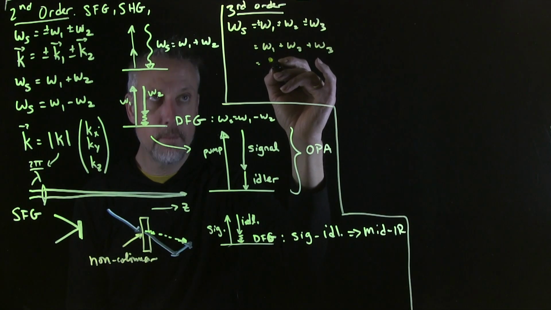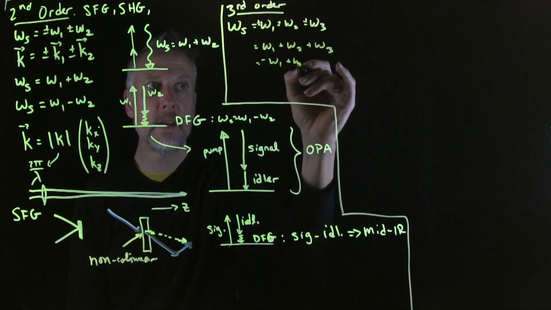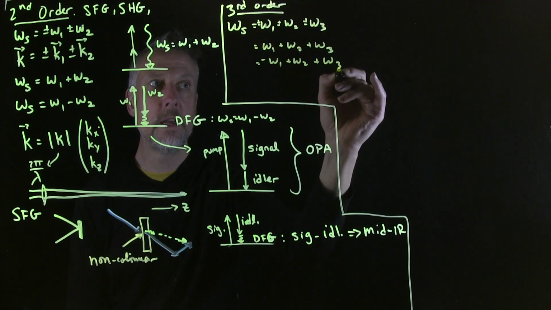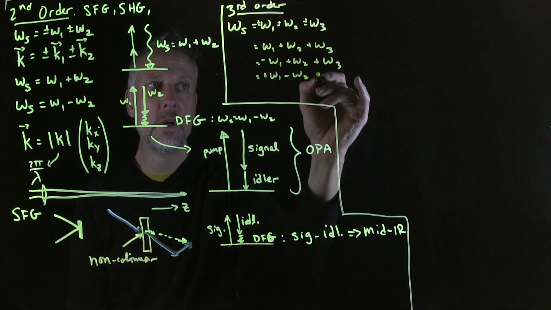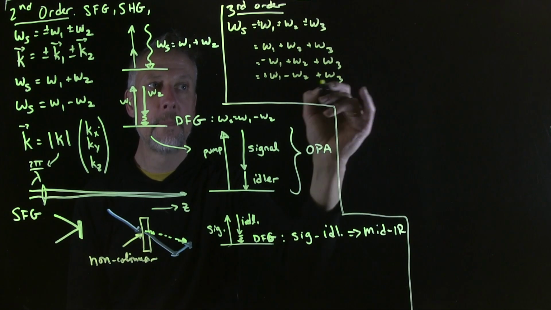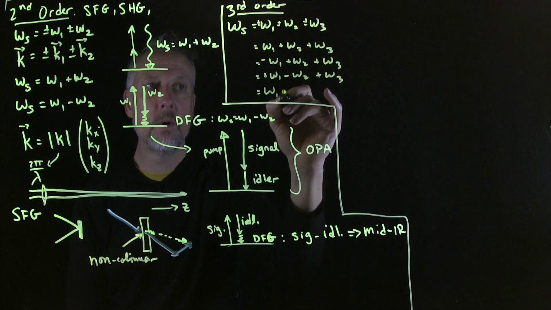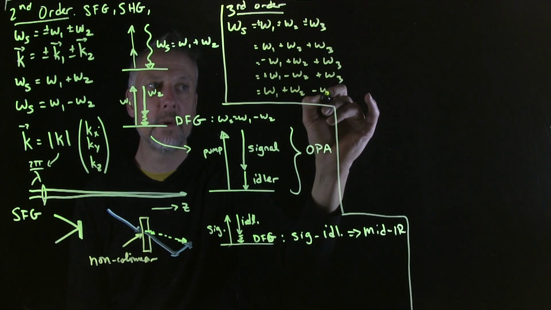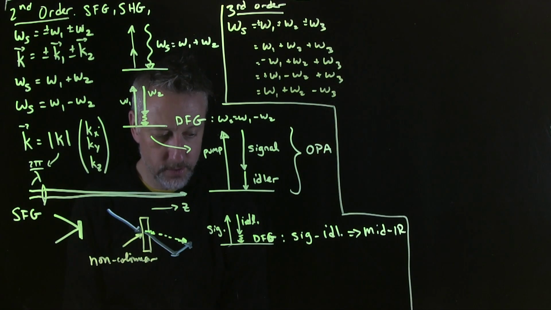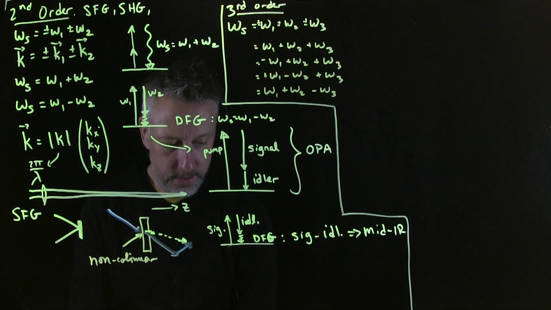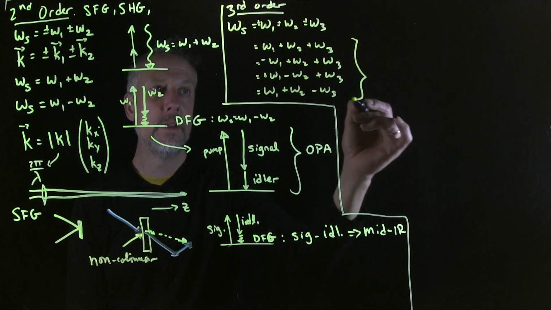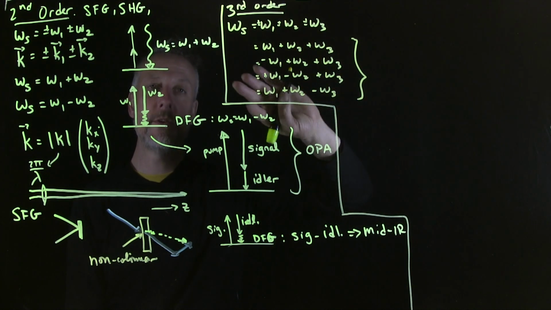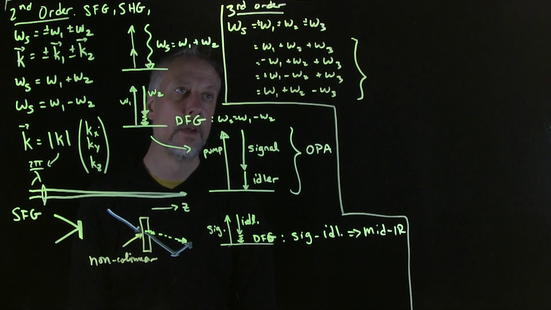We can have minus omega 1 plus omega 2 plus omega 3. We can have plus omega 1 minus omega 2 plus omega 3. And then we can have omega 1 plus omega 2 minus omega 3. Those are the four different signals we will get. And then, of course, you have four more, which are just putting minus signs in front of all of these.